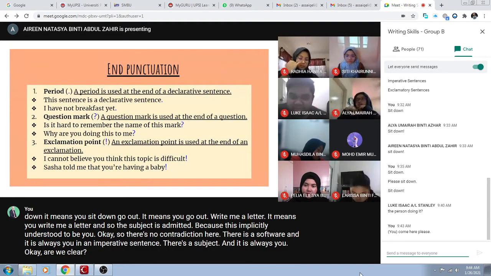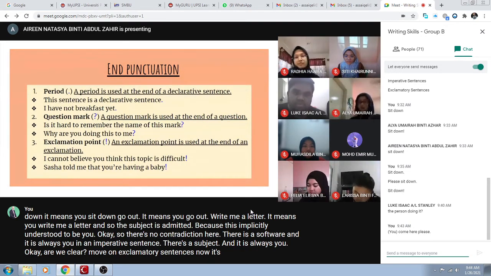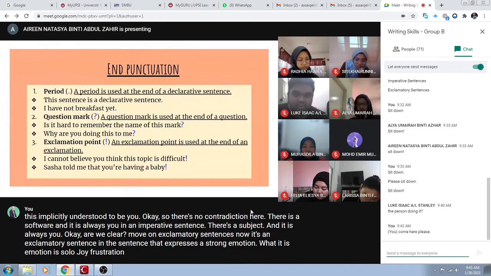Move on. Exclamatory sentences. Now, an exclamatory sentence is a sentence that expresses a strong emotion, whether this emotion is sorrow, joy, frustration, nostalgia, melancholy, whatever emotion.